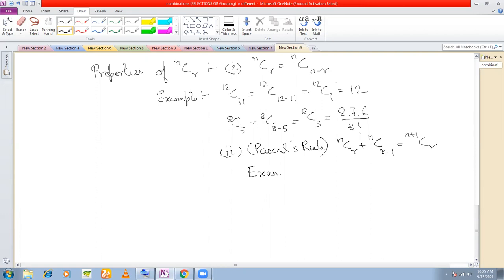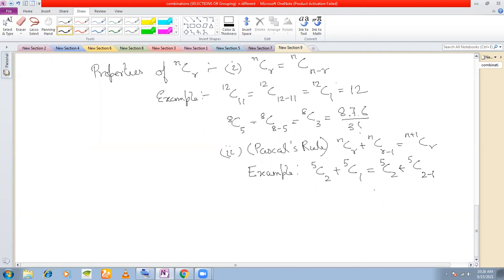Example. If I have 5C2 plus 5C1, what is it equal to? You see that n is equal to 5 here, right? Let me add one more step so that you can understand: 5C2 plus 5C(2 minus 1).